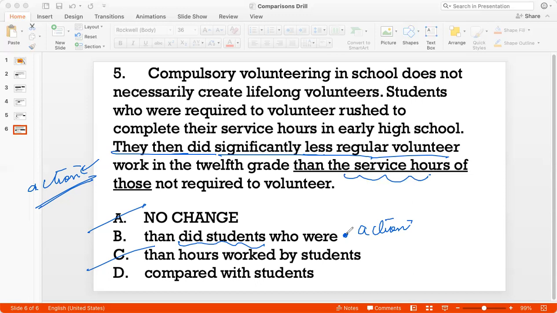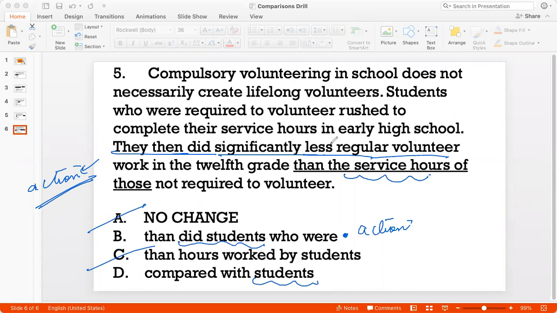Option D compares an action with a noun, because in option D, I have students, which is the noun here, and this does not compare the action that I was talking about. So the trick in these questions is to look at what is being compared. Am I comparing two nouns? Am I saying that students in grade 11 are taller in general than students in grade 12?